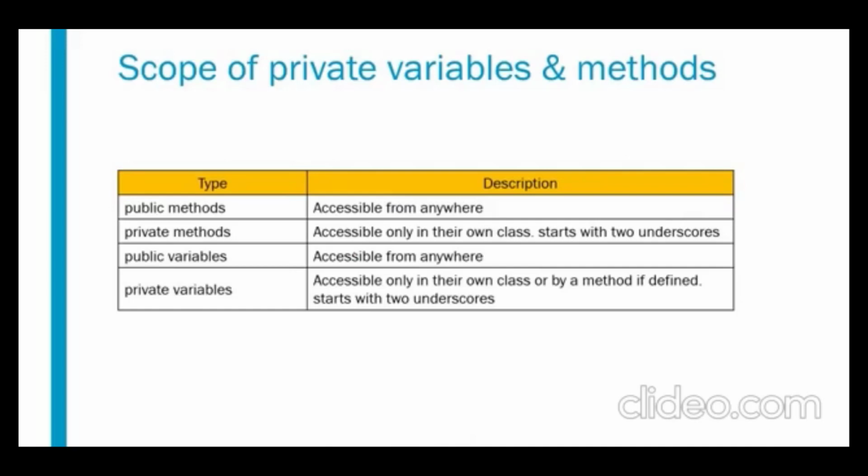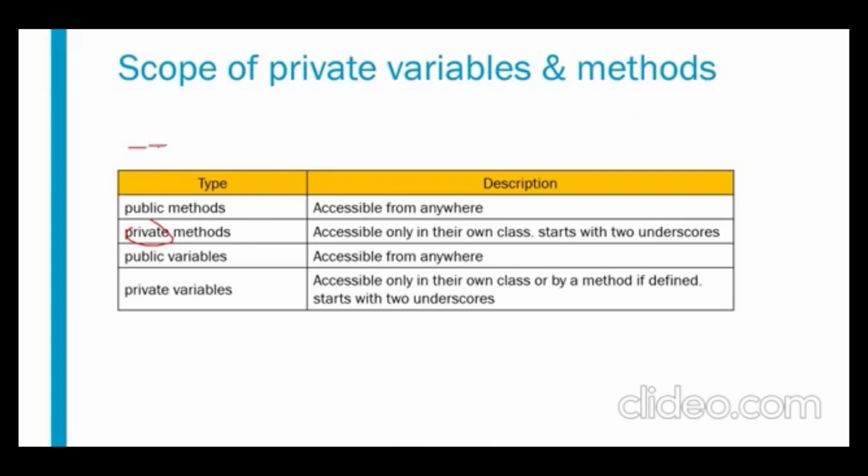As I said, encapsulation can be achieved by using private variables and methods. Now, if I create a variable or method as private, what is the scope level? In Python, if you specify any variable or method as private, we have to use underscores.